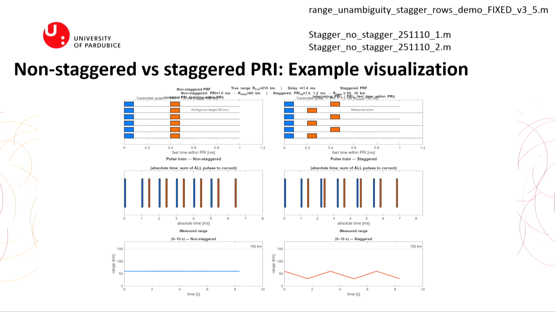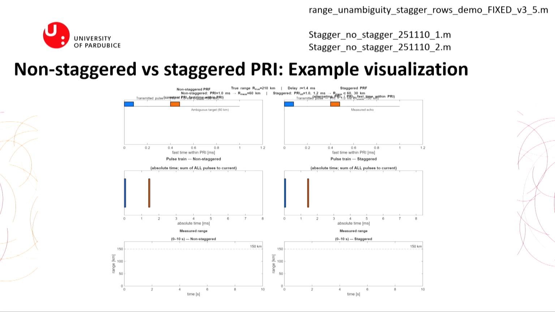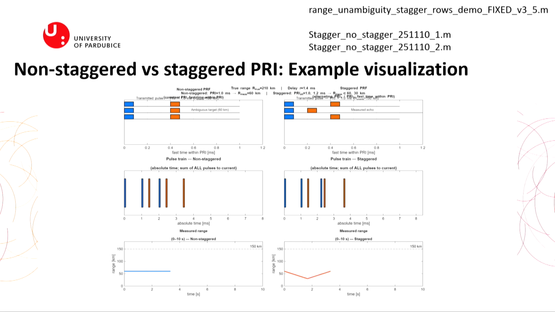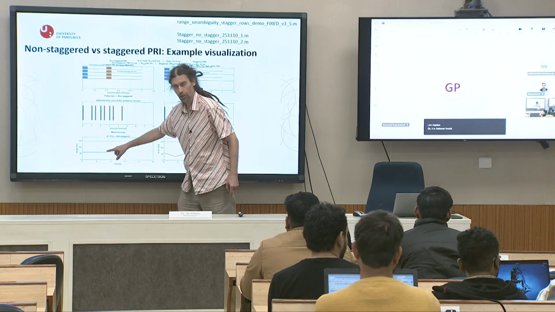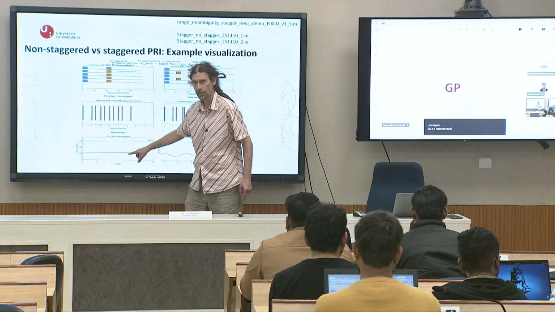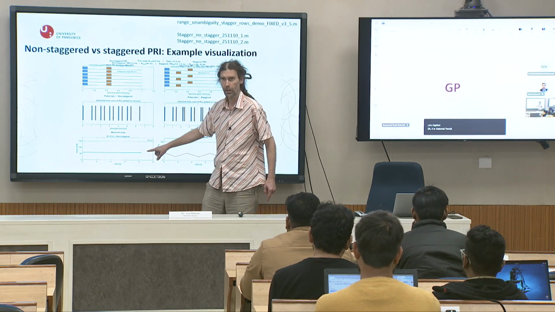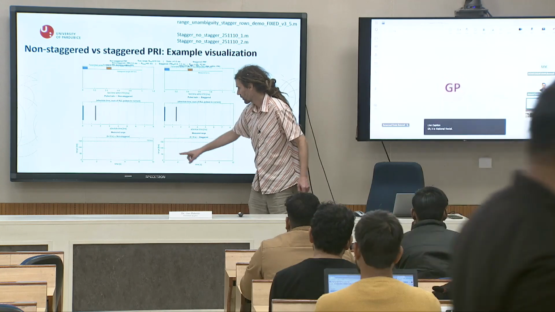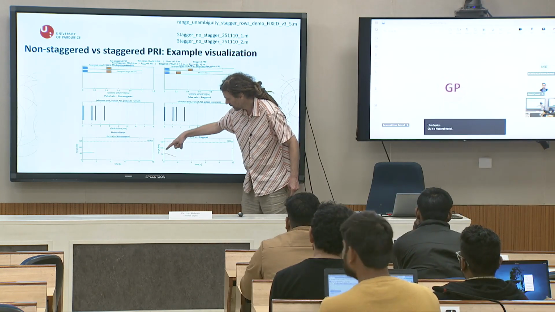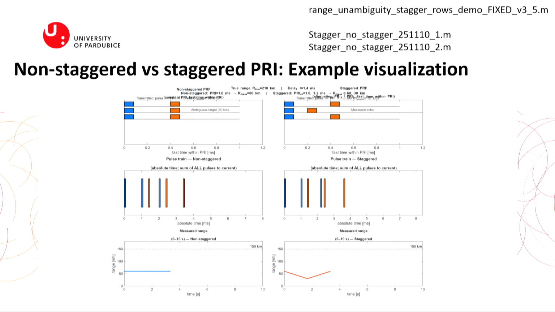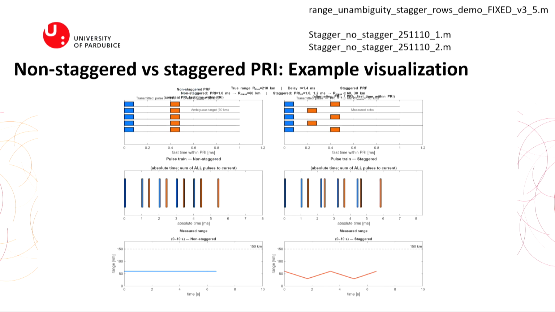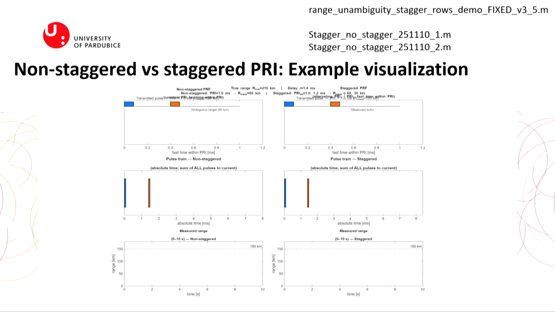But you can see what you see on radar: range 60 kilometers, still constant, but bad. There you see 60, 30, 60, 30, 60, 30. It is due to different PRIs, 1 and 1.2 milliseconds. It is also bad, but we can solve it.